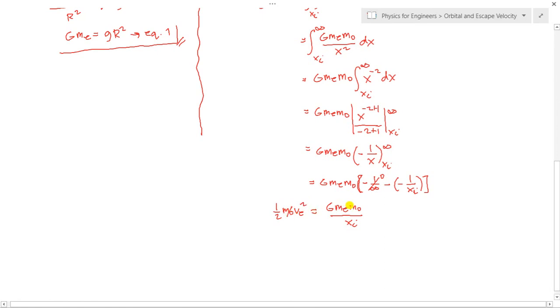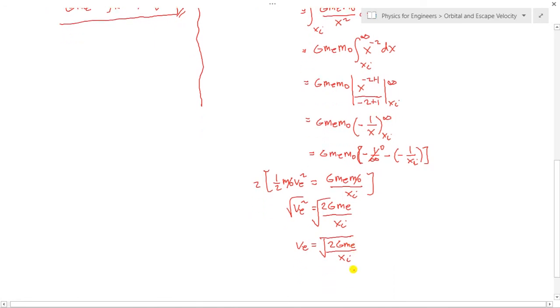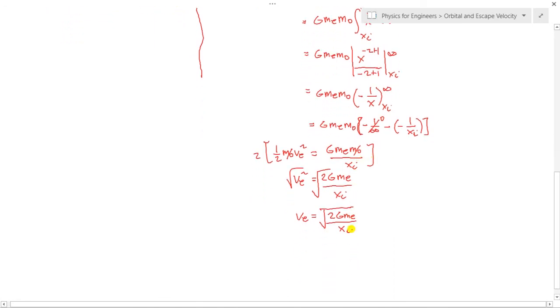So the mass of the object is common, so we cancel it, and then multiply both sides by 2. So the escape velocity squared is equal to 2G M_E over x sub I. Taking the square root of both sides, the escape velocity is just equal to the square root of 2G M_E all over x sub I. So whatever the initial position is, that is what you substitute here.